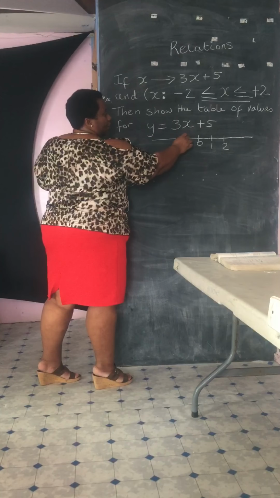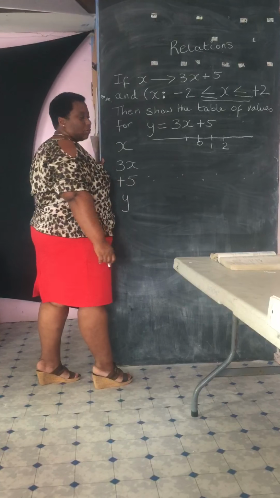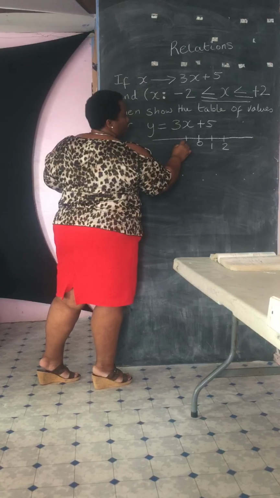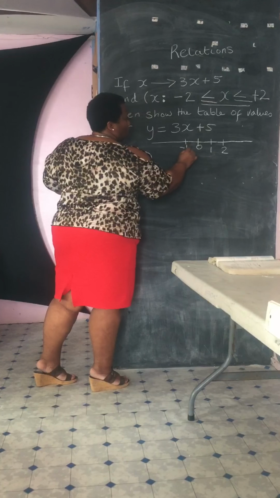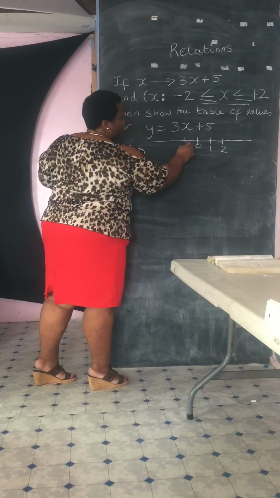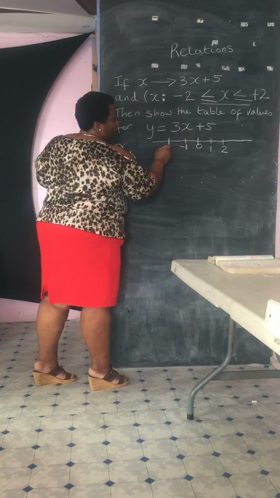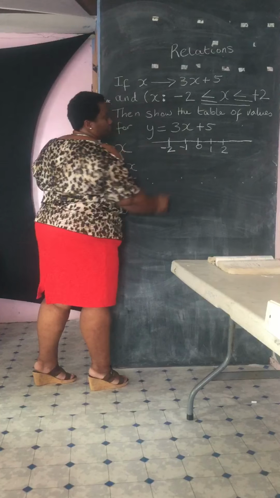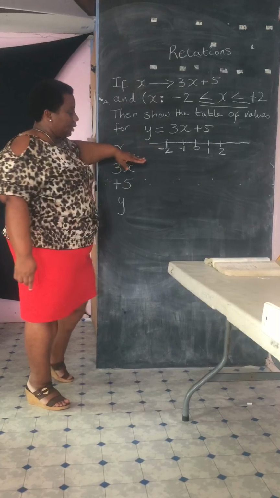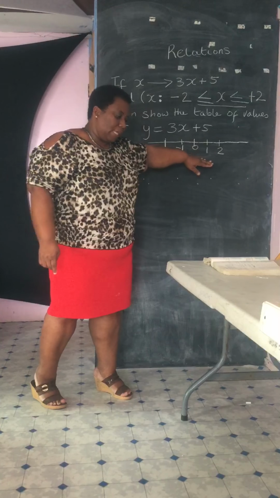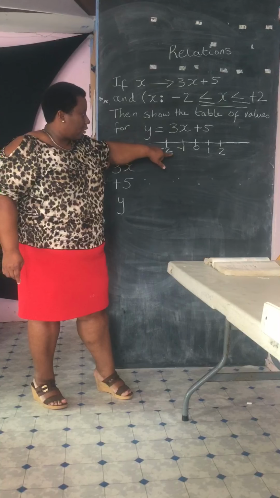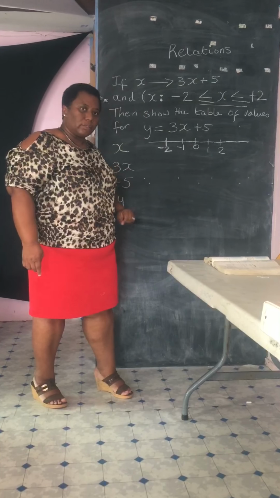And we know that anything to the left is your negative numbers. So we're going to have negative 1, and then we're going to have negative 2. So based on the number line, these are the values that we are going to have for x.